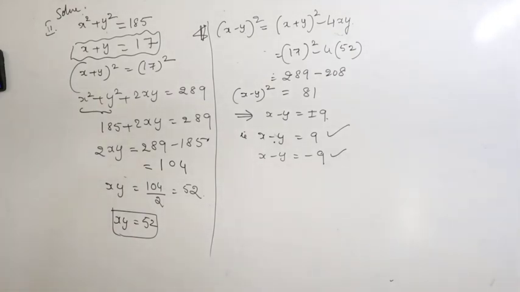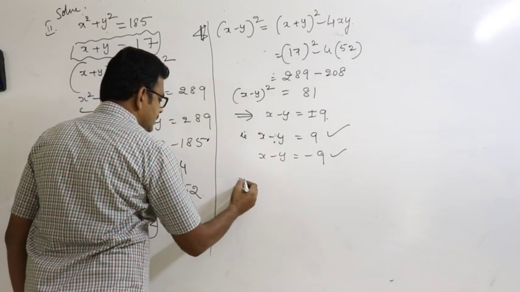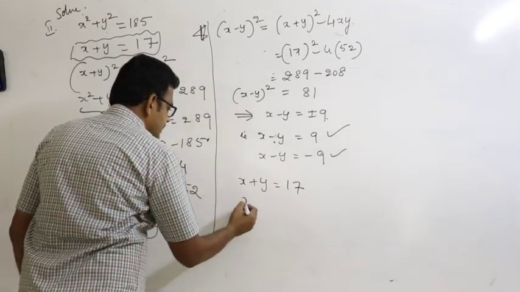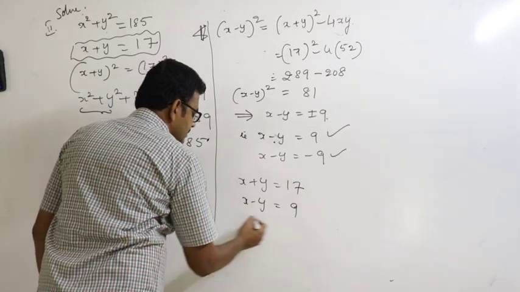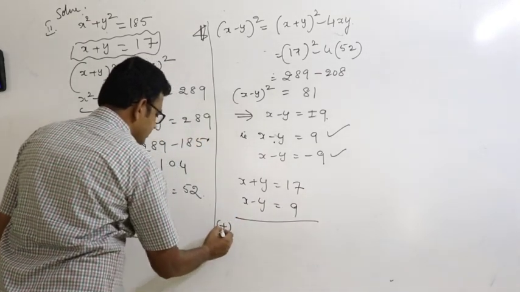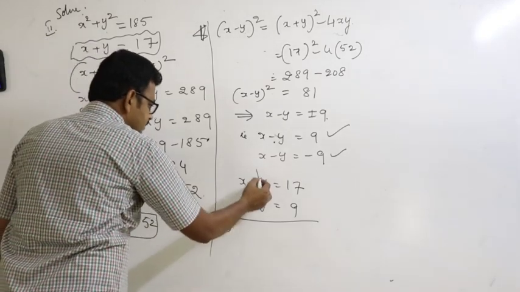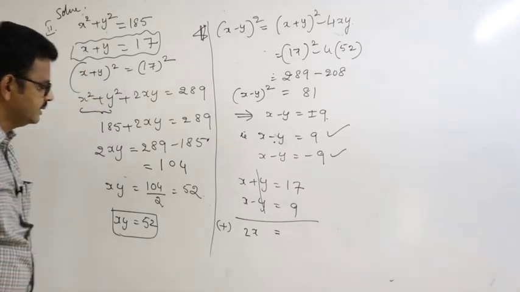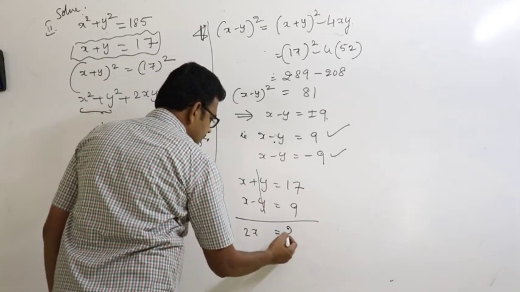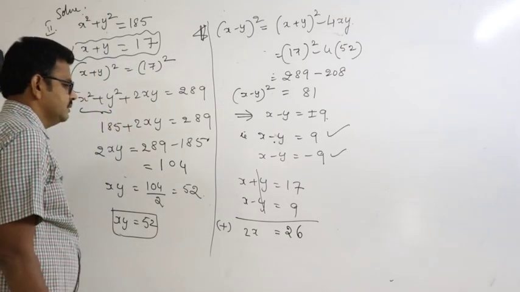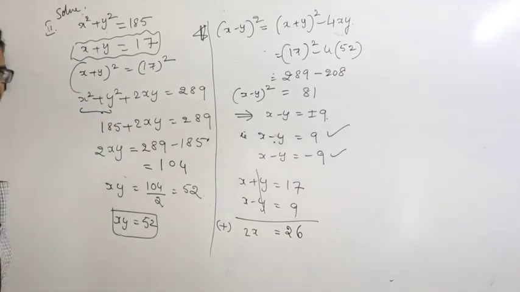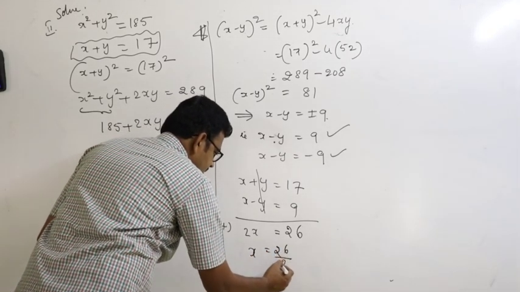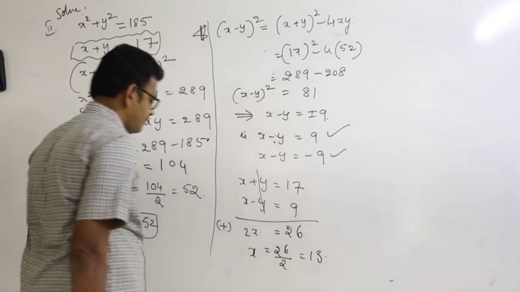Now I am solving the equations. x plus y is equal to 17 and x minus y is equal to plus 9. By adding these two, y gets cancelled, 2x is equal to 17 plus 9, that is 26. x is equal to 26 by 2, that is 13.